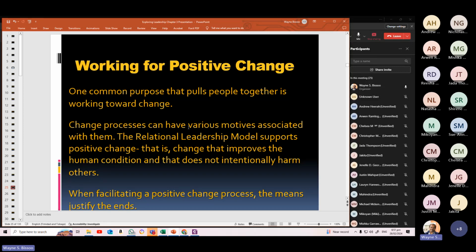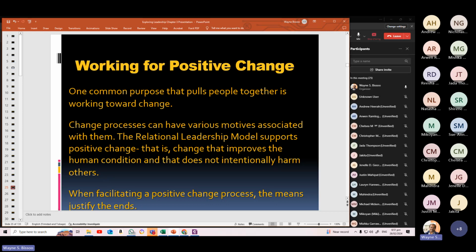So at the start, we have to get people to connect with that vision statement, that mission statement, and that then helps us to move forward. The process of changing becomes much easier when you get people to buy into it. All right.